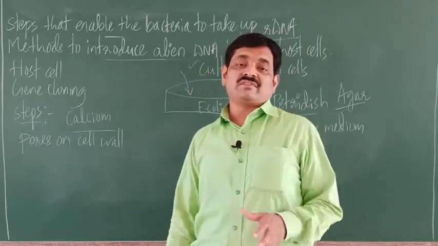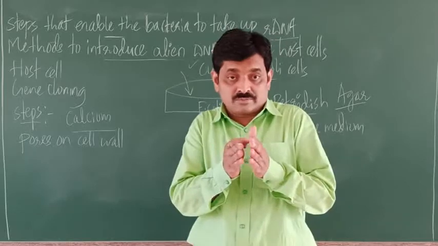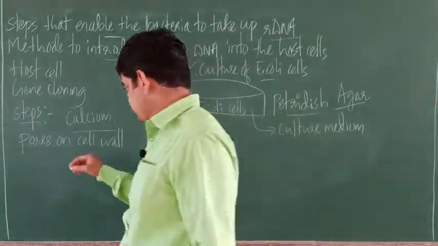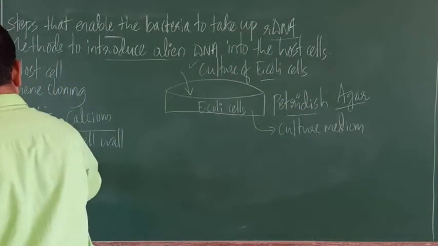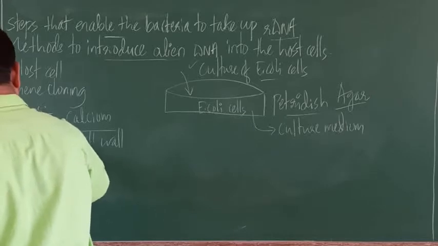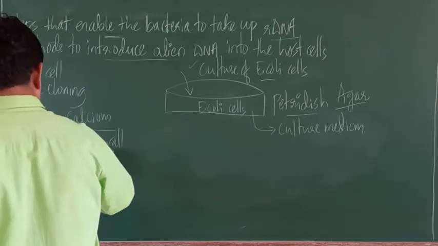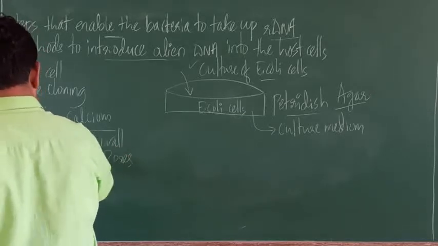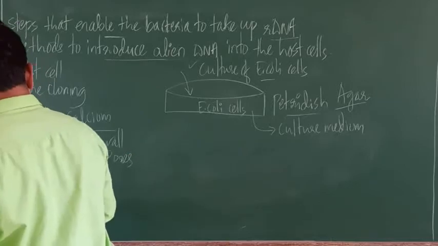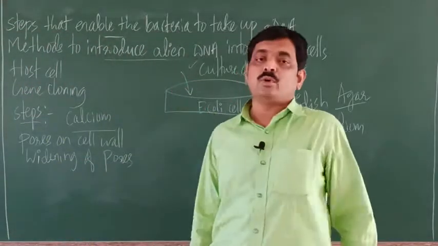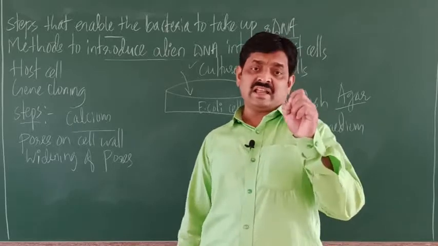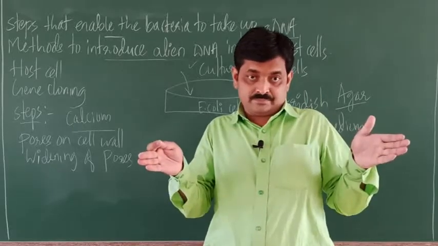So due to the effect of calcium, what happens to the pores? Pores become wide. There is widening of pores. So pores which are very narrow now become wide, right?